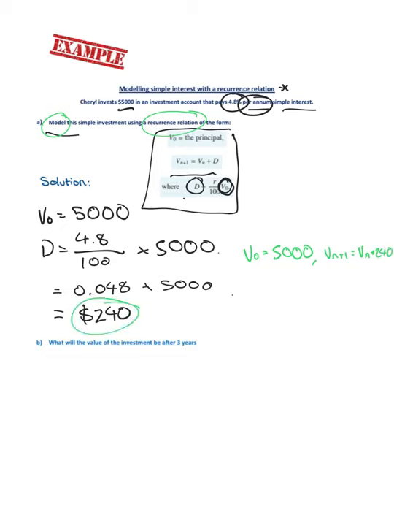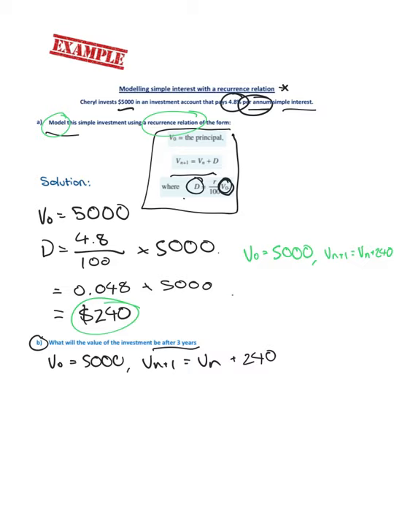Now the next question, B, says: what will the value of the investment be after 3 years? We can use our calculator in the way that we did in the last topic of recurrence relations, but we can also model it using our recurrence relation. Our rule was V0 equals 5,000, Vn+1 equals Vn plus 240.